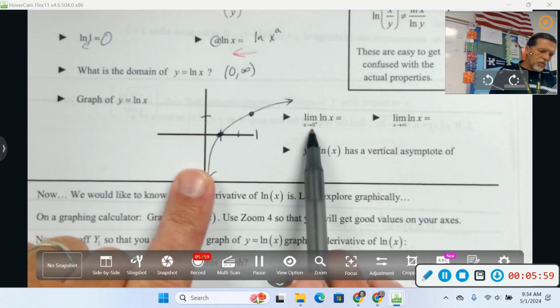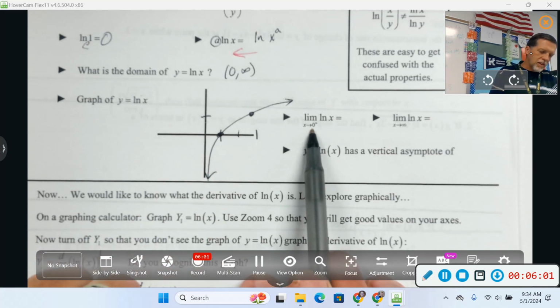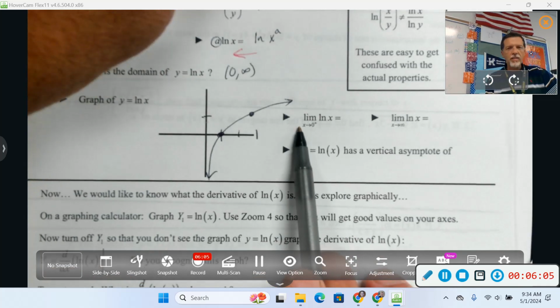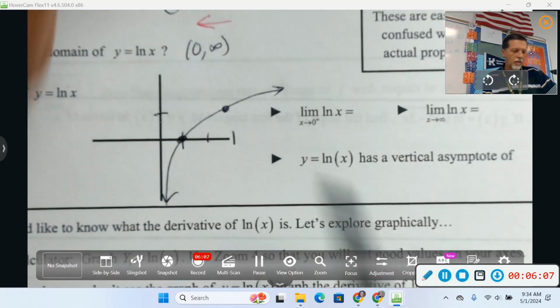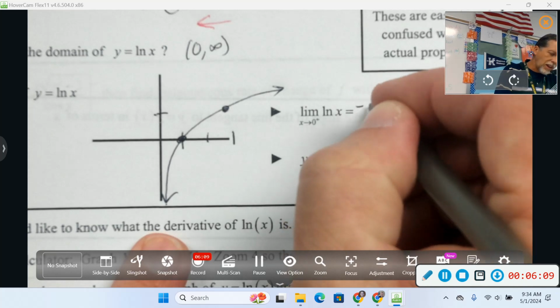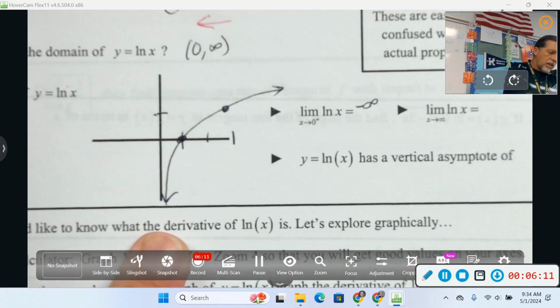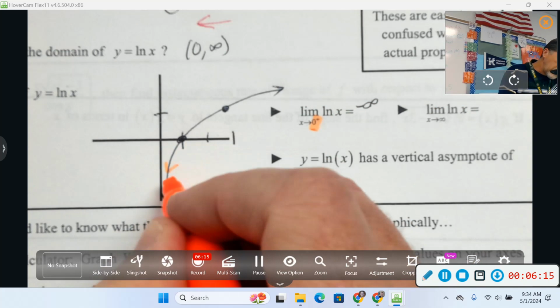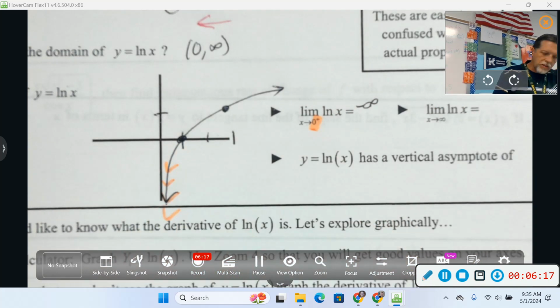As x approaches 0 from the right, what's the function doing? The graph is headed down to infinity. Down, down, down we go.